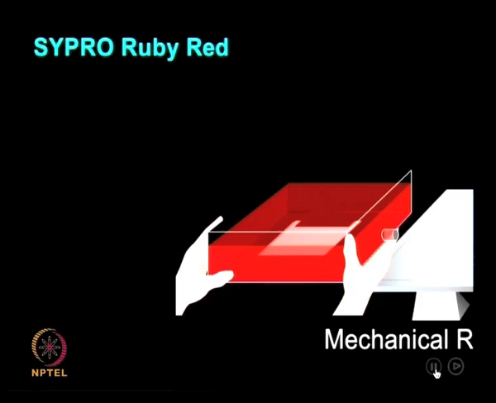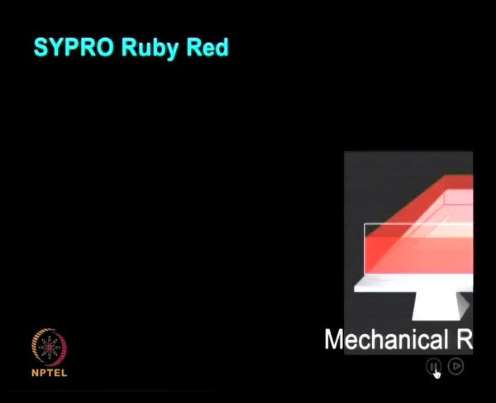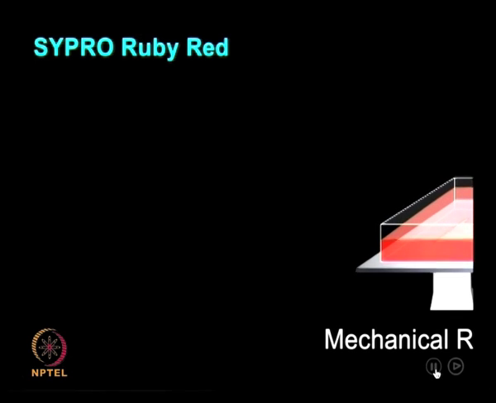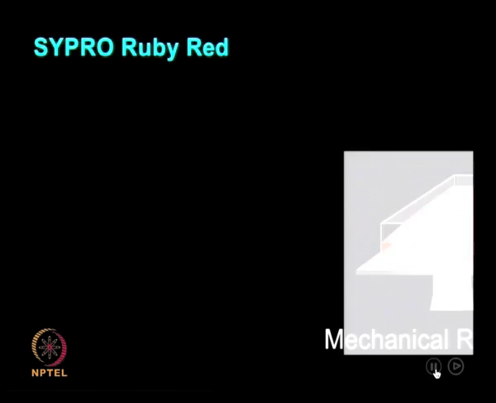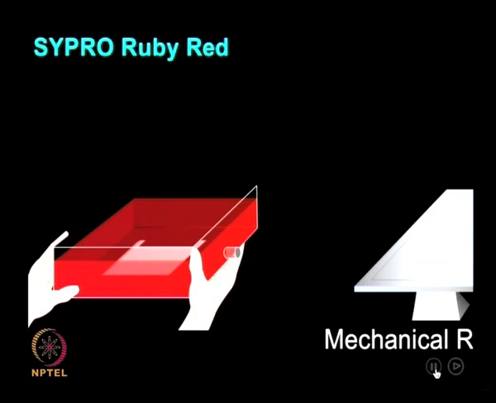The gel should be kept on a mechanical rocker for uniform shaking. During the process, the gel gets uniform staining with the ruthenium based chelate dye.